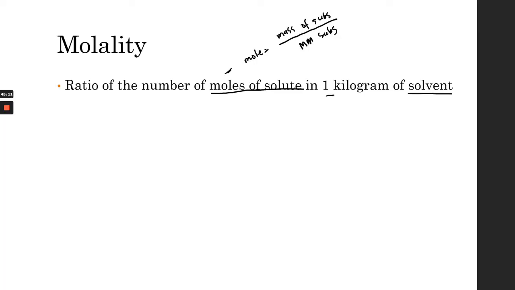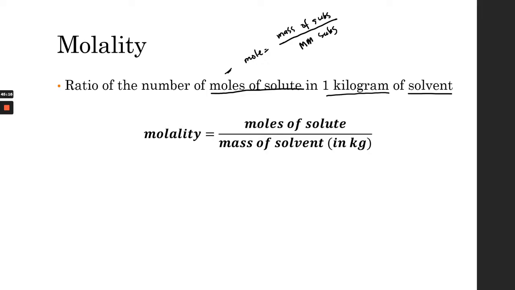We are dealing with 1 kilogram of our solvent. So molality is equal to moles of solute divided by the mass of solvent. As you can see, this is mass, and moles is another way to express the quantity of a solute.